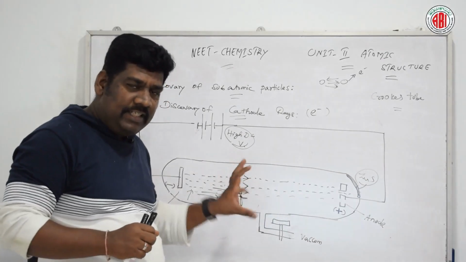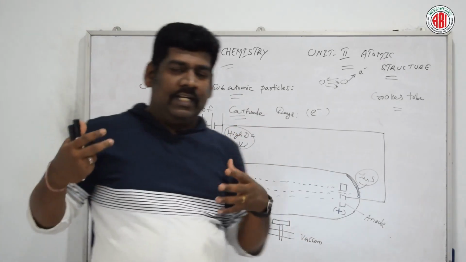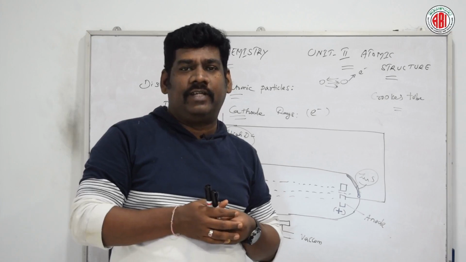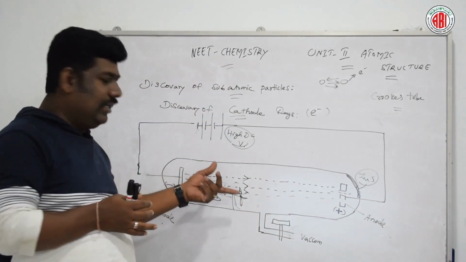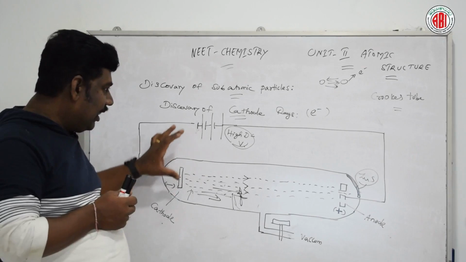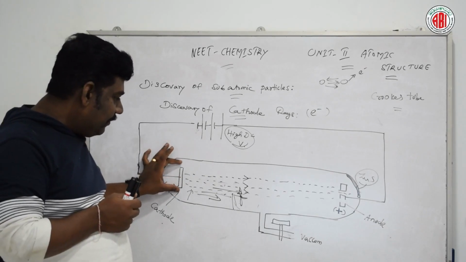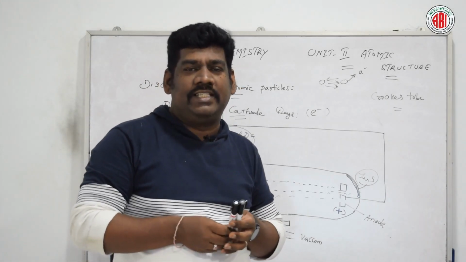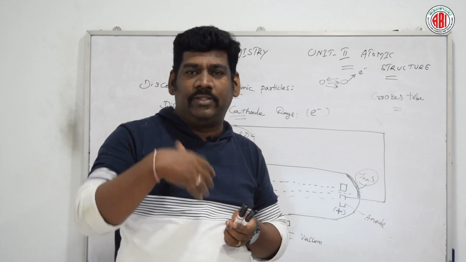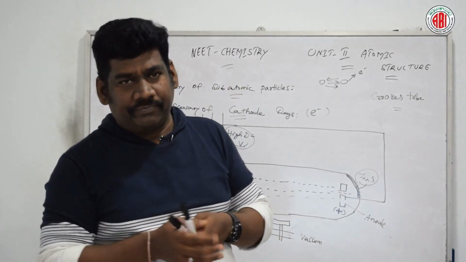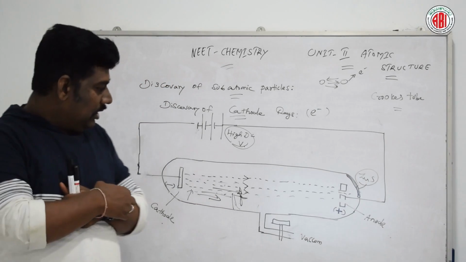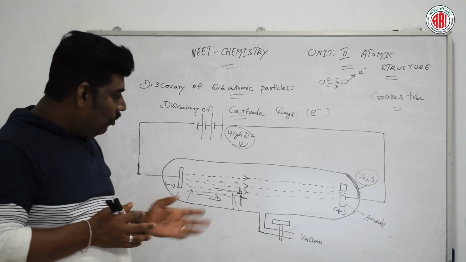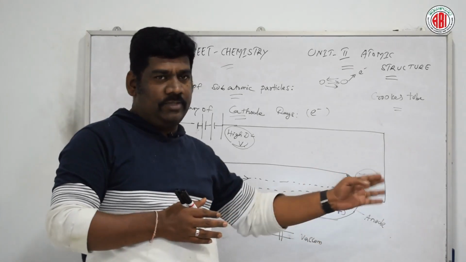So when high voltage electricity is passed, the electricity falls on the gaseous particles and causes ionization of the gaseous particles. Okay. So that could help the movement of these particles.